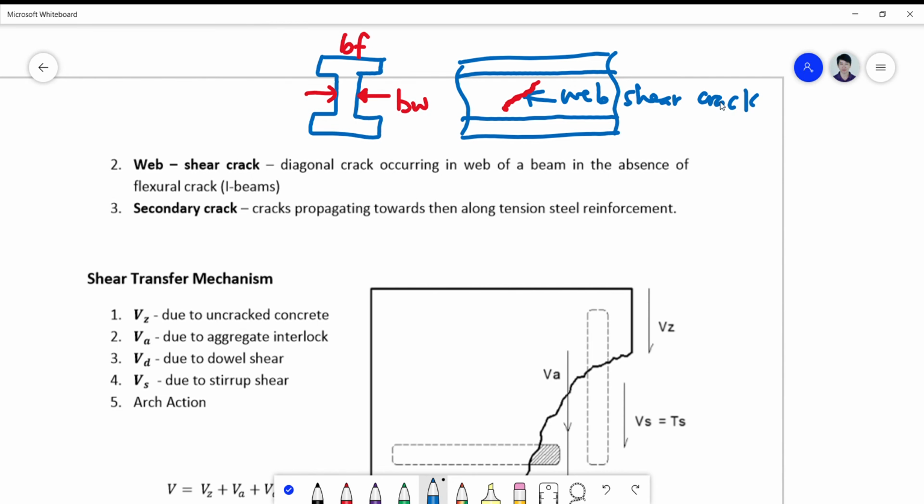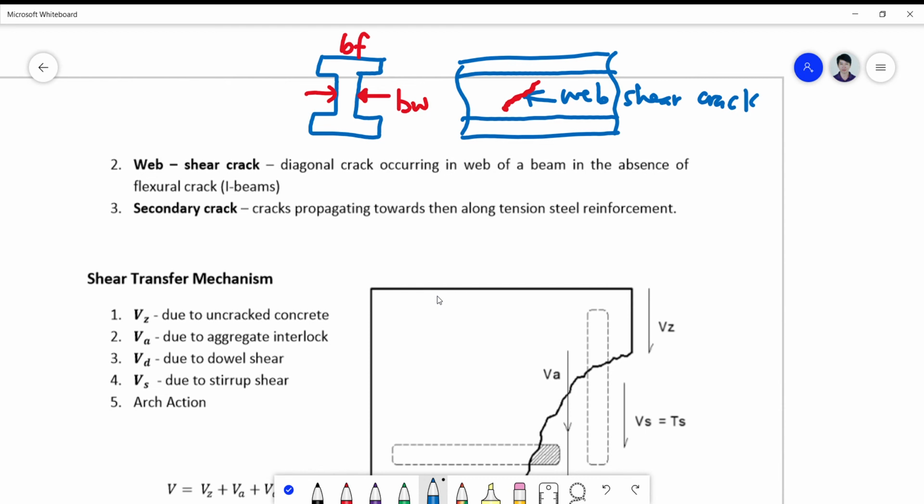Okay, for your secondary cracks, these are no longer initiated by flexure and shear. Secondary means these are the consequences of the flexure and the shear cracks that develop on the entirety of the beam, in which your reinforcement is affected.